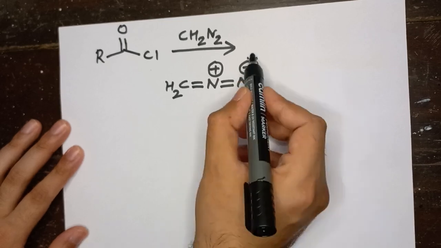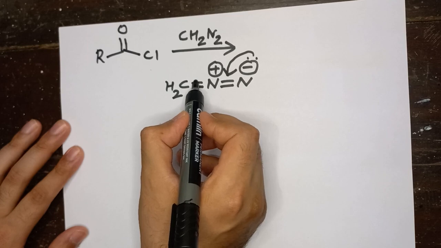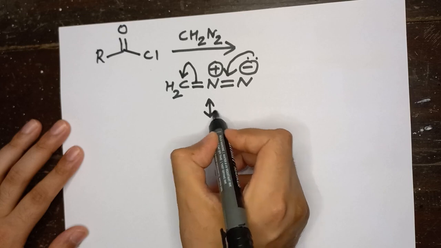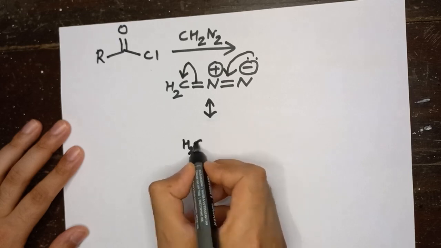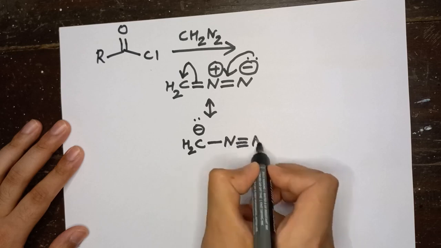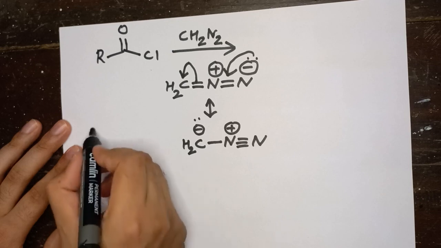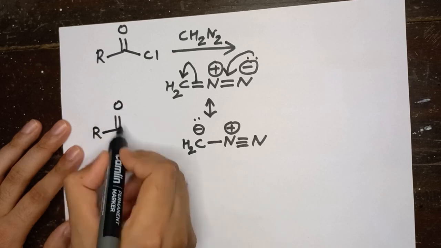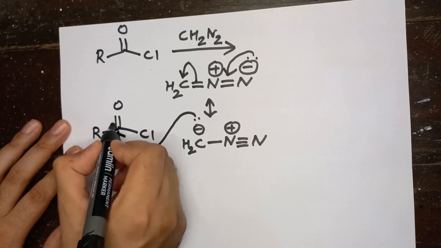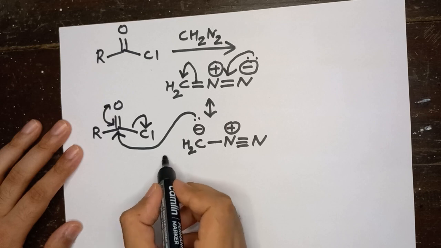So this nitrogen lone pair will form a triple bond here, and this double bond pair will collapse on carbon. So the resonating structure is going to be this. So in short, I have generated a nucleophile which is going to attack at this carbonyl center, and through conjugation, the Cl group is going to leave.